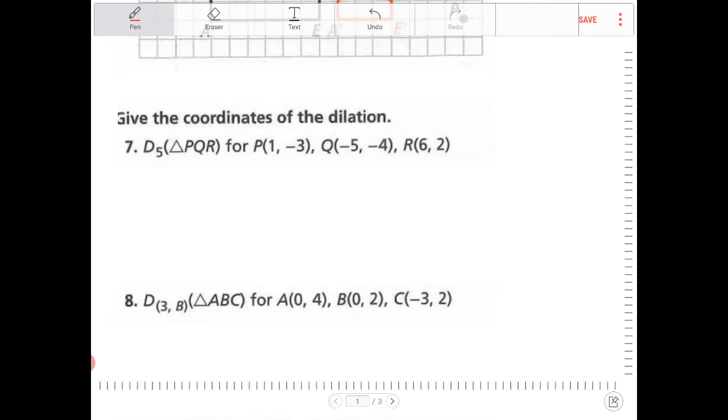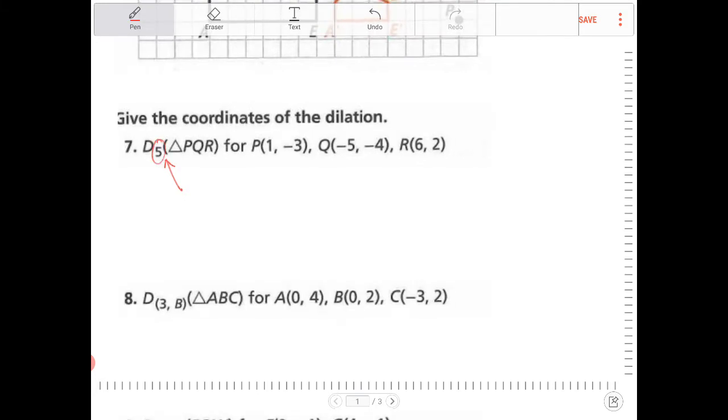So what we do, if the dilation doesn't specify over what point, it's dilating by a factor of 5, but it doesn't specify over which point to dilate it over, then it is by default over the origin. And if it is over the origin, then all we have to do is multiply all the coordinates by a factor of 5. So P prime will be 5 comma negative 15.